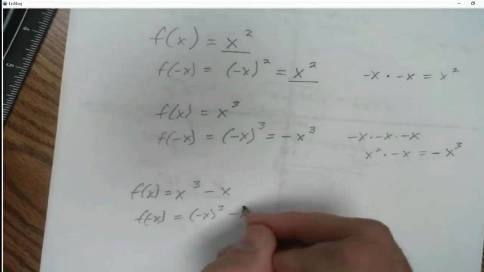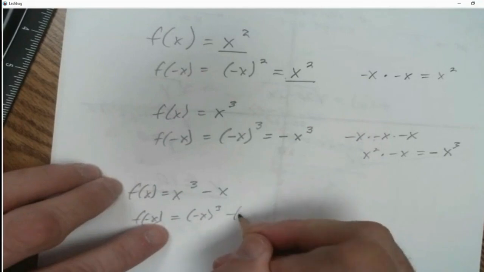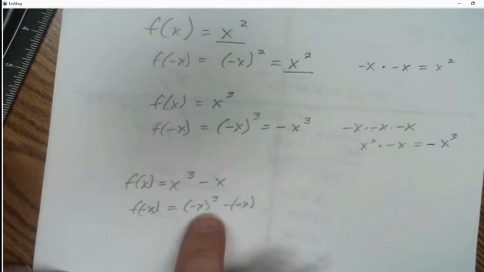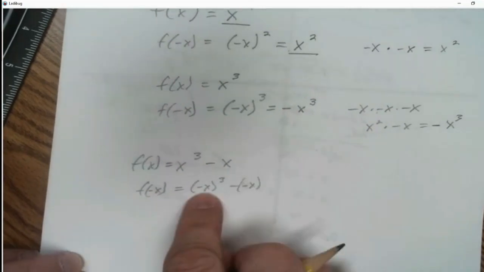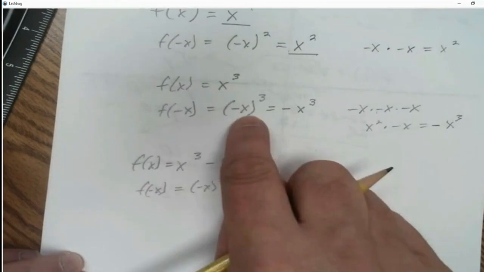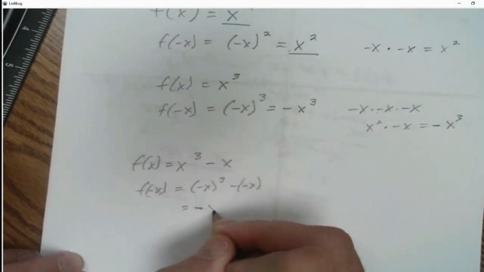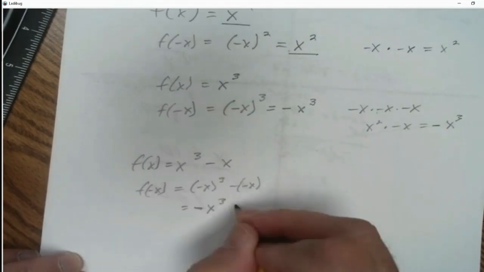Oh, I'm sorry. We've got to substitute negative x for that one also. Minus negative x. So we substitute negative x in everywhere we find an x. So we already said negative x to the third equals negative x to the third, minus a negative x means positive x.